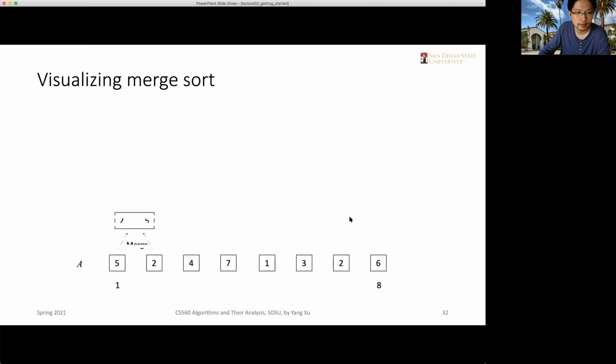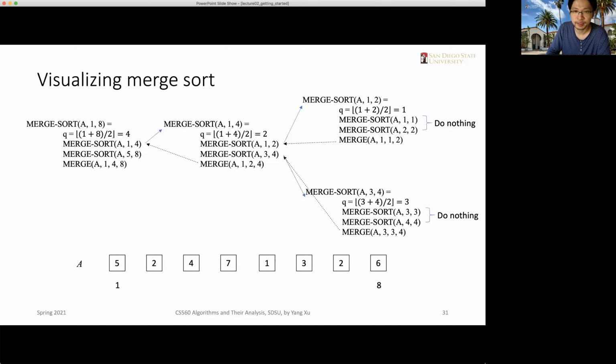Like the first merge, between the first element and the second element, which we see here. Yeah, this is the first merge. The first merge is on A[1..2].